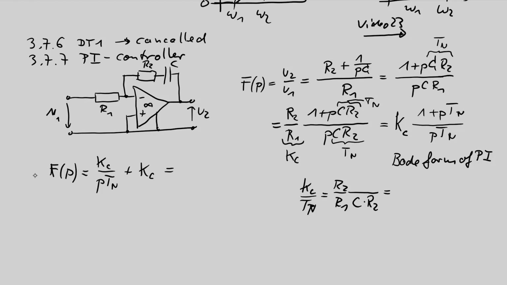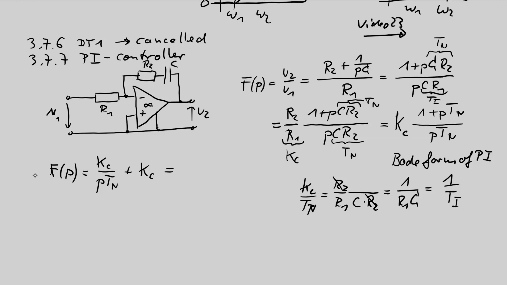Then R2 can be eliminated, 1 divided by R1C. That is a time constant different to Tn, which I can call Ti. Here you see the original denominator time constant, Ti.